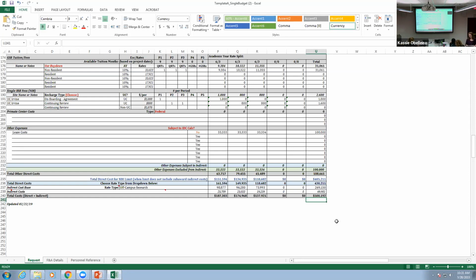You have 241 for your personnel costs up at the top?